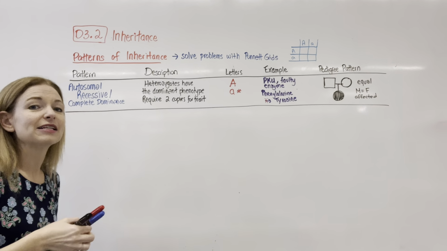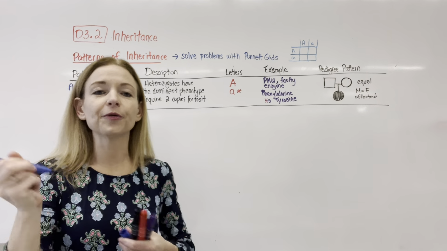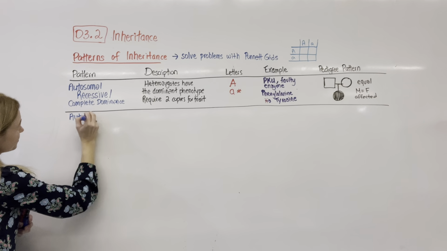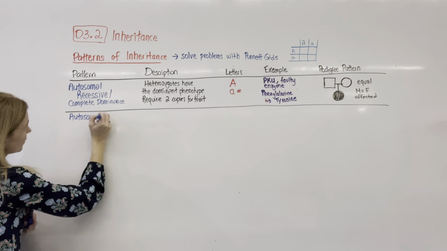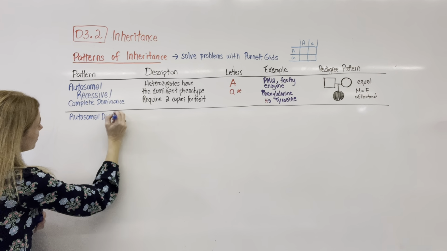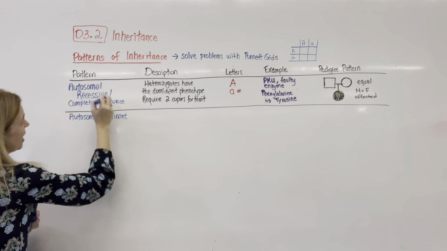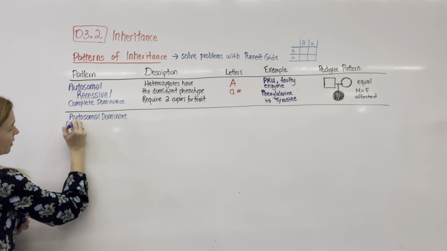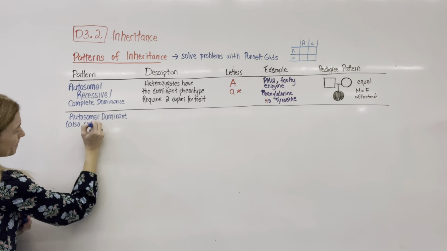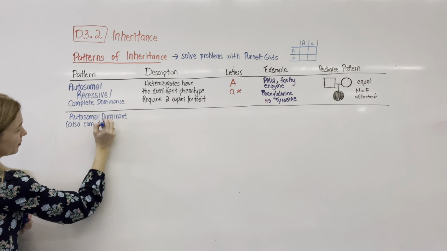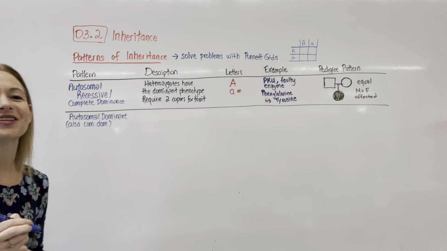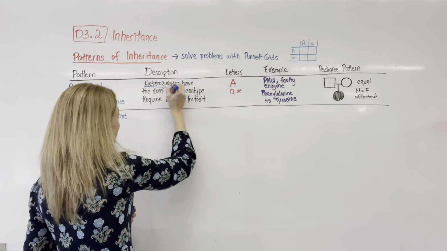Next one, like I said, is essentially the same pattern, but if we're looking at it for a trait or disorder, this time we're going to call it autosomal dominant. And this is also complete dominance. Comdom, that's what I mean. So then that also means that this is the same.